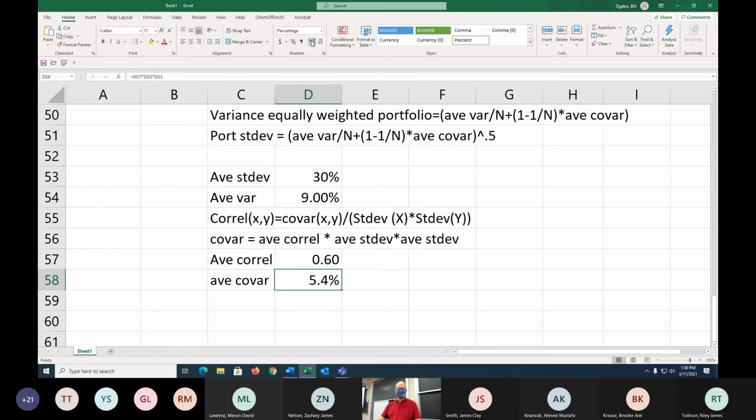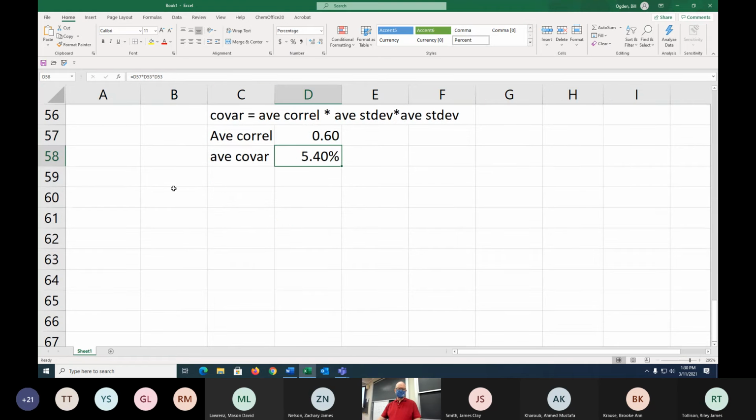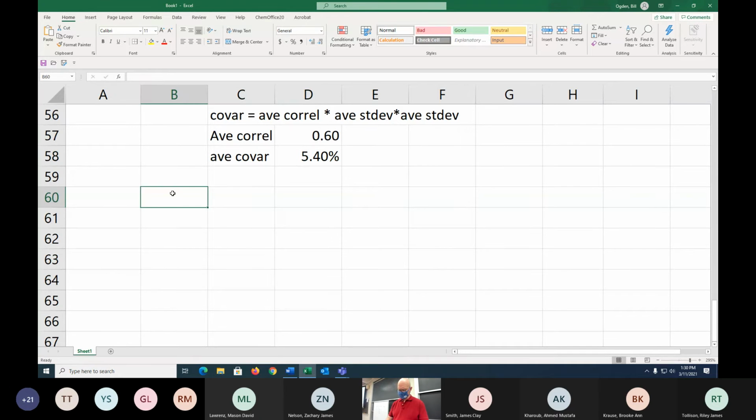All right, let's do some portfolios. N, you have to have at least 2 stocks to make a portfolio, don't you? So let's go to 10. Let's go to 40. Let's go to 100. Let's go to 1,000.